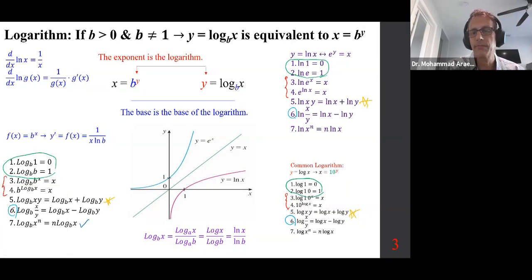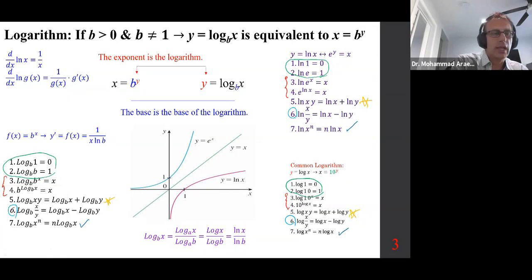Number 7, the power rule. So as you can see, all of them refer to the same thing. The general rule, you should be able to come up with the specific case, natural log or common log.